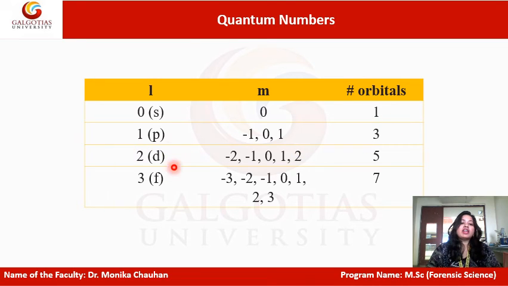When the value of L is 2, that indicates the d shell, then the possible values of m are -2, -1, 0, 1 and 2, which is indicated by 5 orbitals. And if the value of L is 3, the values of m are -3, -2, -1, 0, 1, 2, 3, which is indicated by 7 orbitals.